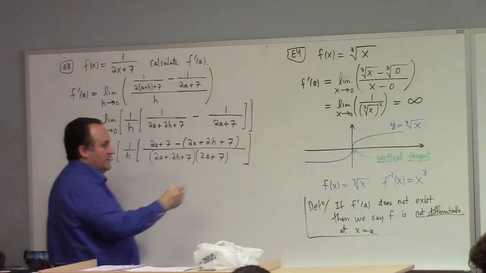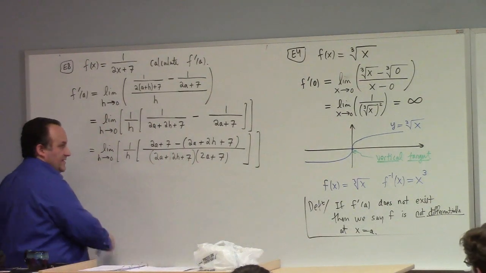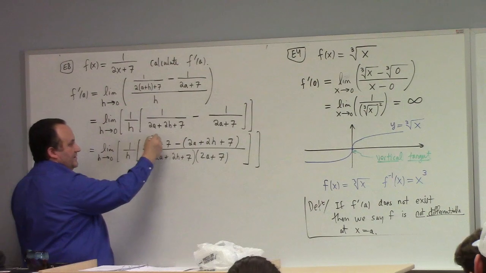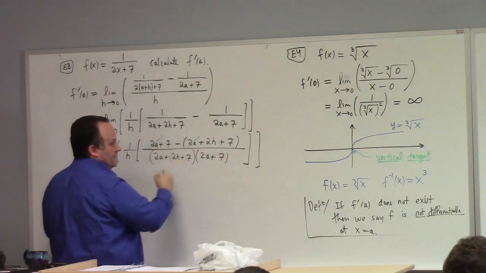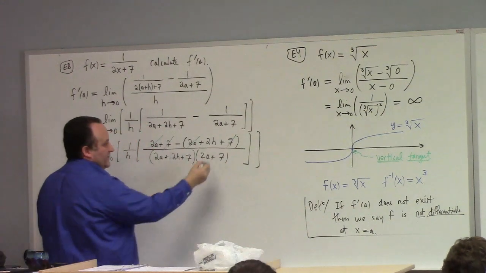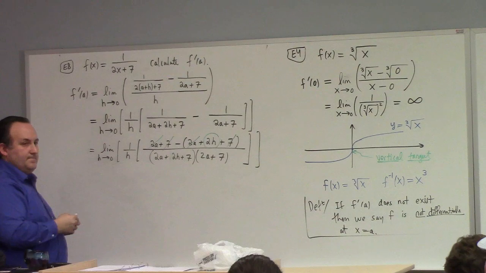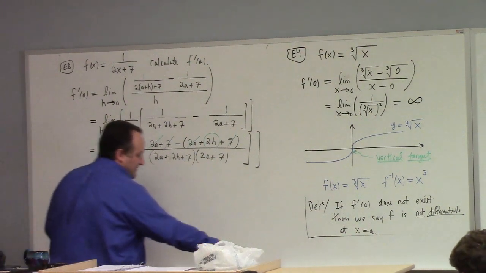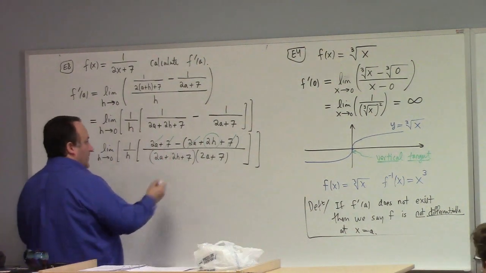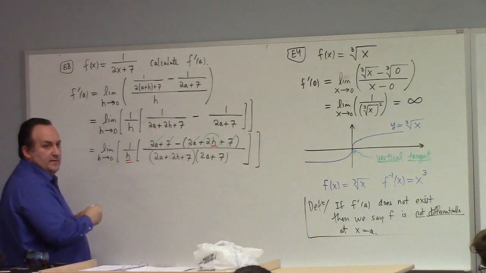All right. Anything reduce upstairs? Yes, lots of stuff, right? So this 2a cancels that 2a, and this 7 cancels with that 7. So all we're left with is that minus 2h, right? But notice that that minus 2h, there's one here, and there's one there as well.